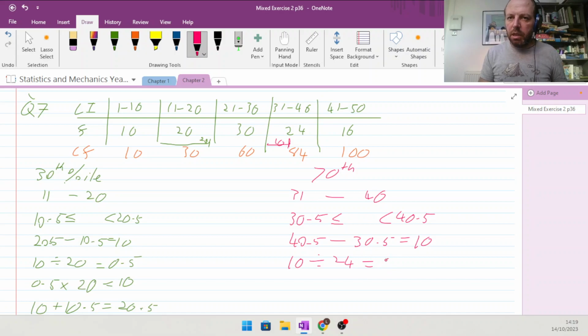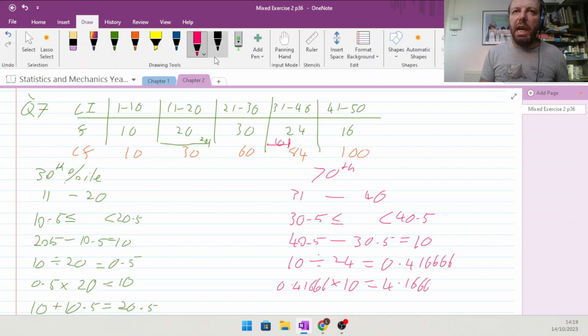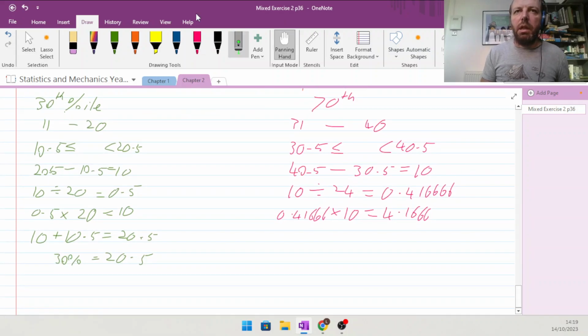10 divided by 24 is 0.4166, 0.41666, and we will then take that, multiply it by the 10 people that we need to get to the 70th value, which of course gives us 4.166, and add that to the lower bound of the class interval.